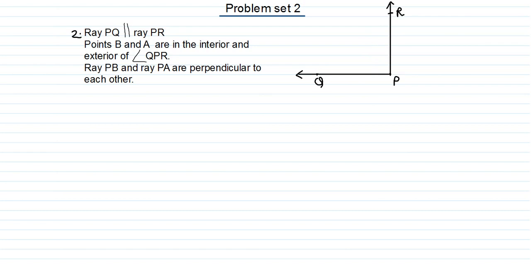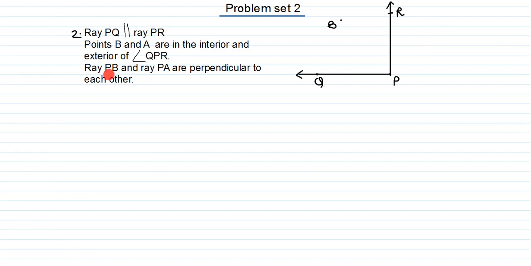So which point is in the interior? Point B. So we'll have one point B over here. Let's say this is point B. And it's given A is in the exterior. Okay, so we need to draw A outside. Exterior means outside.